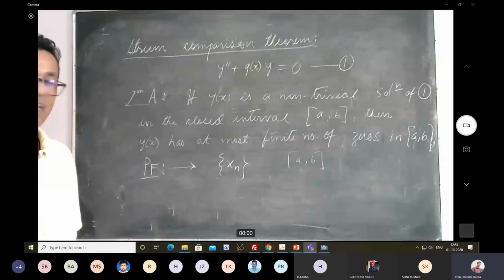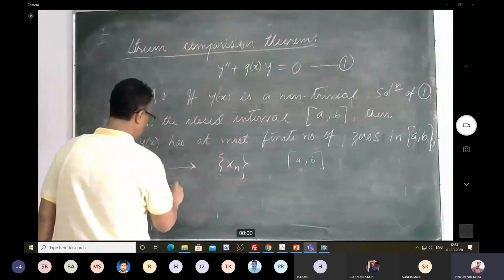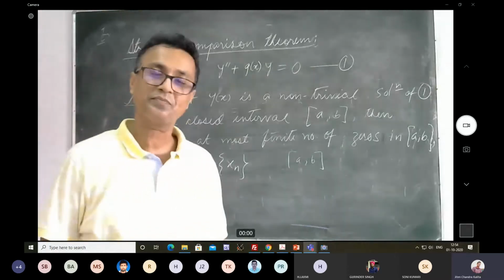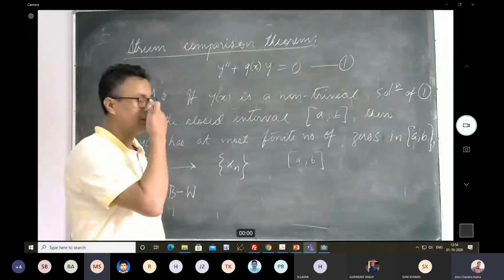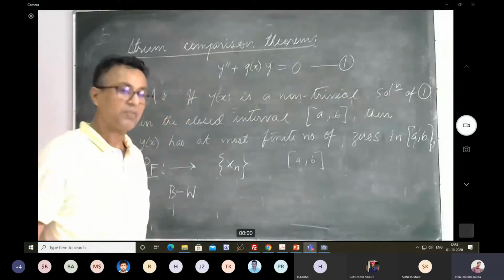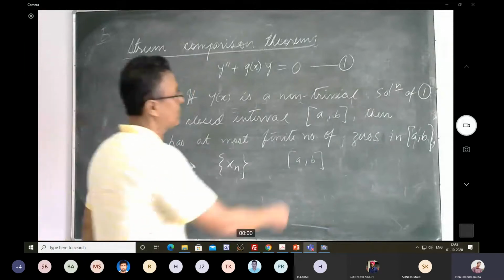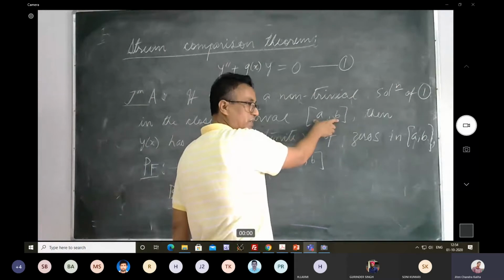Okay. So now, do you recall the Bolzano-Weierstrass theorem? What was that? Every bounded sequence has a convergent subsequence. Okay, fine. See, now [a, b] is a closed interval, isn't it?